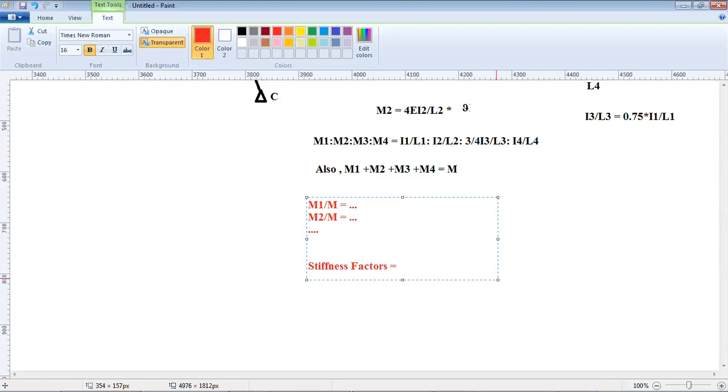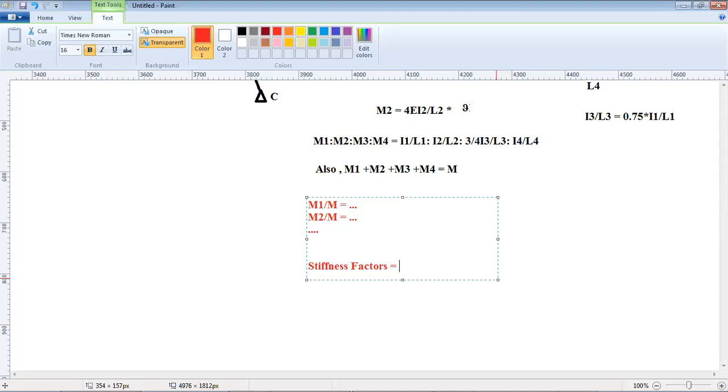Now what is a stiffness factor? It's very important to know what a stiffness factor is. A stiffness factor is the values that we just got for I1 by L1, then I2 by L2.